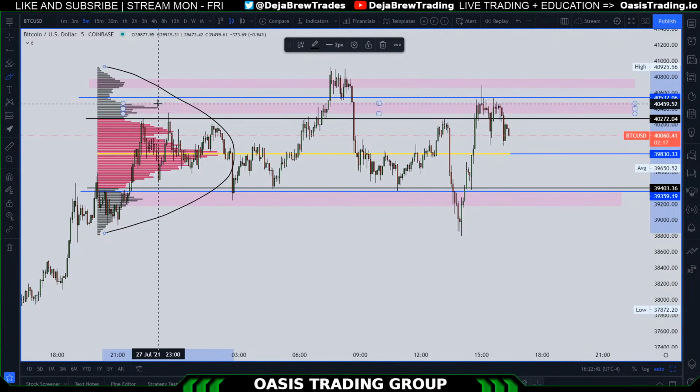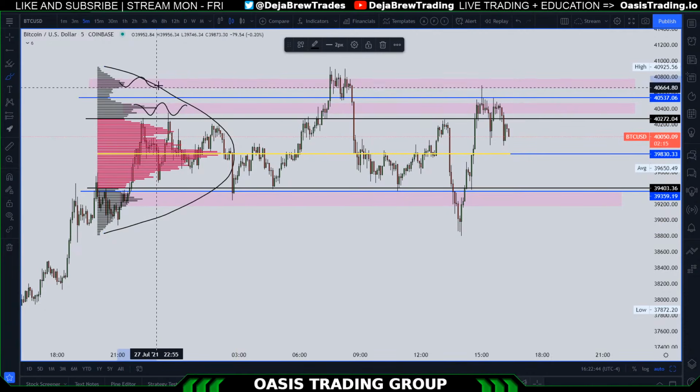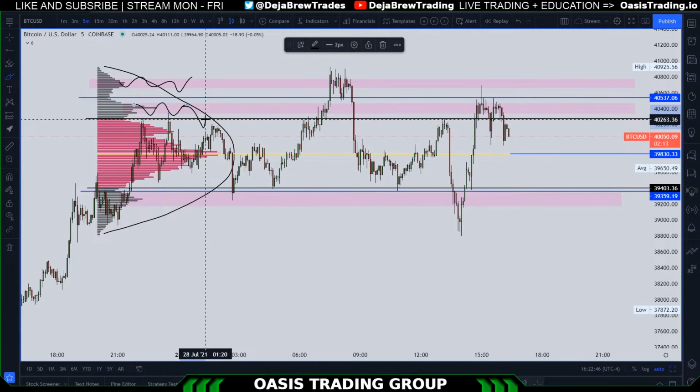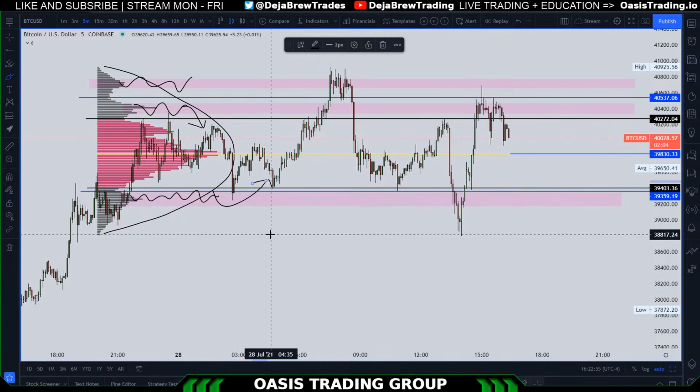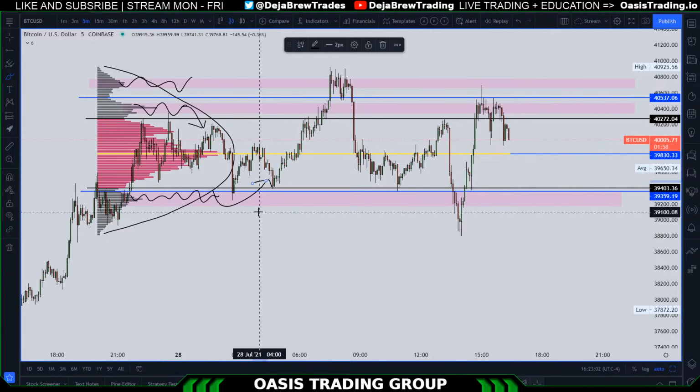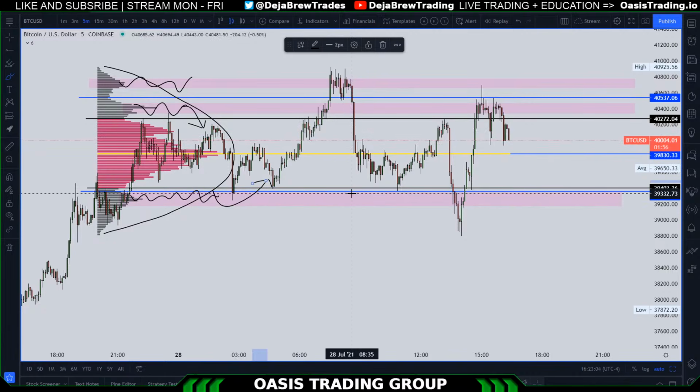Our goal is to sell the nodes, sell the retrace of the value area high, or buy the nodes and buy the retrace of the value area low. That's it. That's our goal. There's nothing else. You don't have to overcomplicate it.